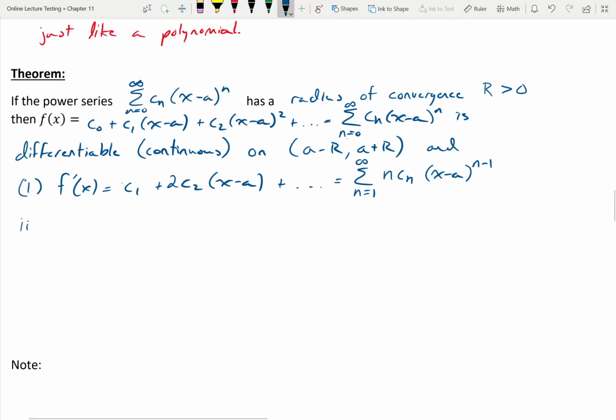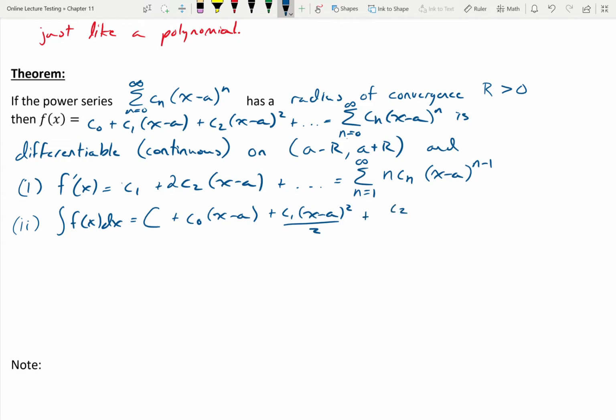Number 2, the integral of f of x dx is equal to our constant of integration, big C, plus c sub 0, x minus a, plus c1, x minus a, the quantity squared, divided by 2, plus c sub 2, x minus a cubed over 3, plus so on.